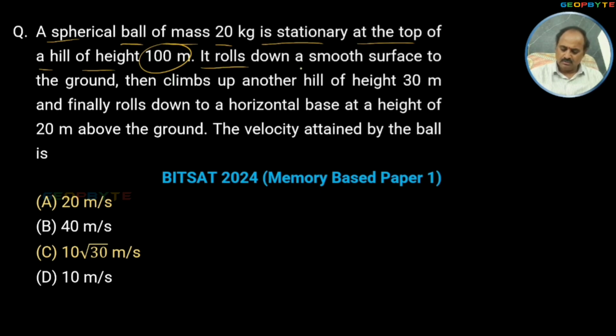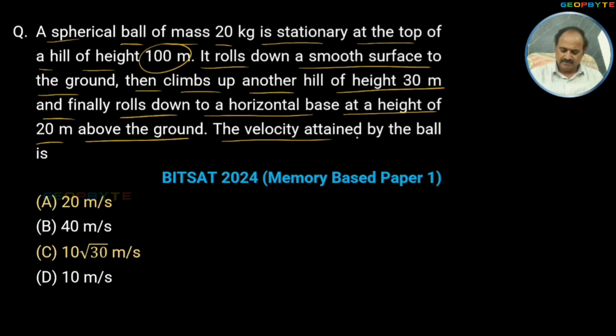It rolls down a smooth surface to the ground, then climbs up another hill of height 30 meters, and finally rolls down to a horizontal base at a height of 20 meters above the ground. The velocity attained by the ball is asked. Let us take the ground as smooth.